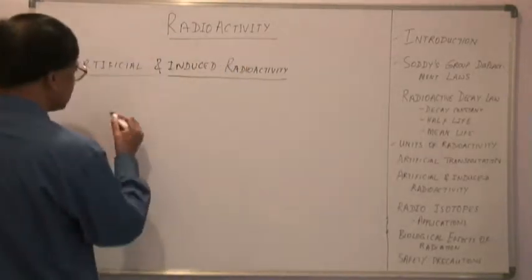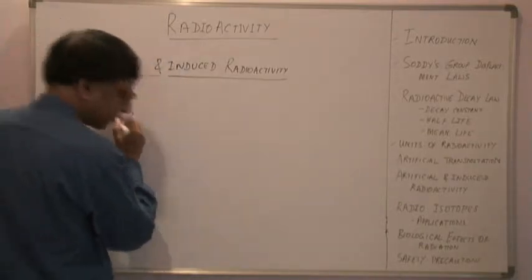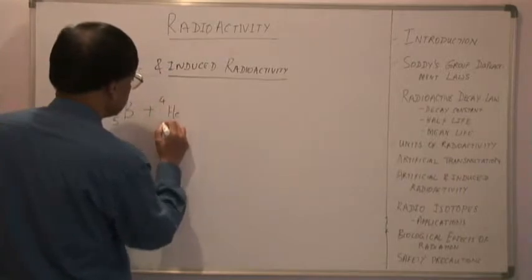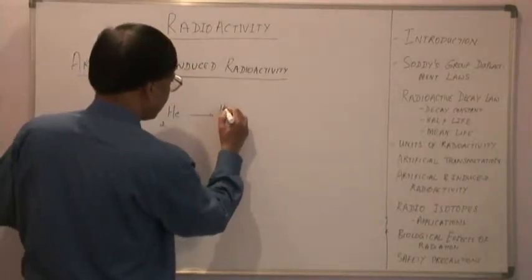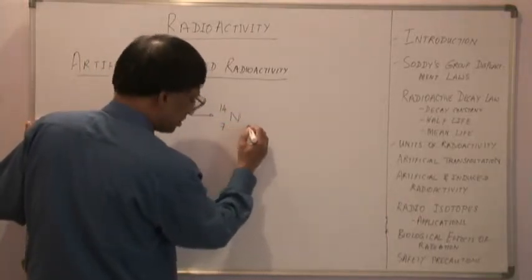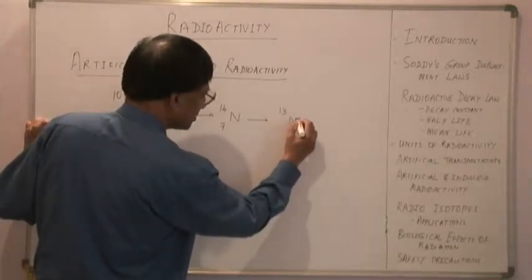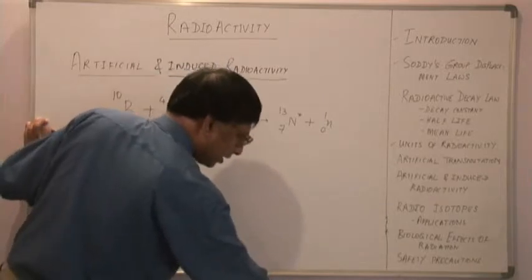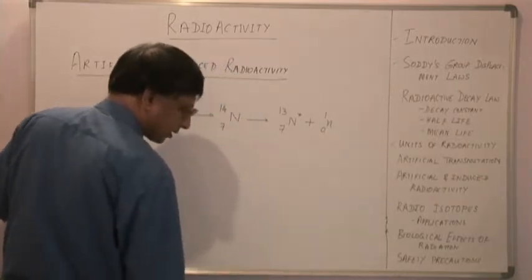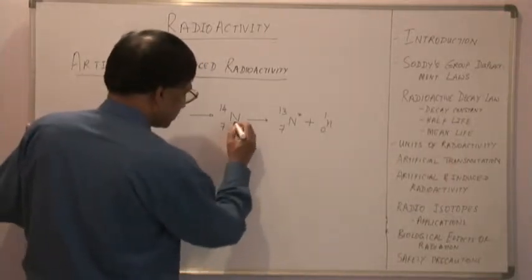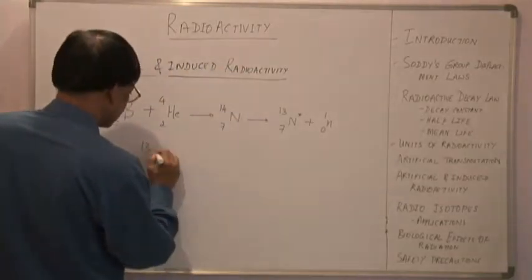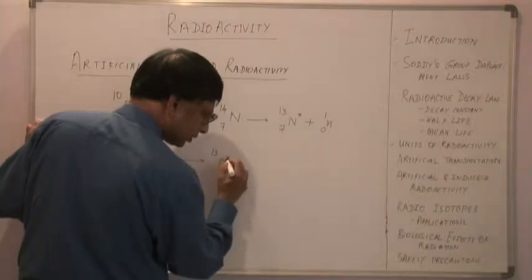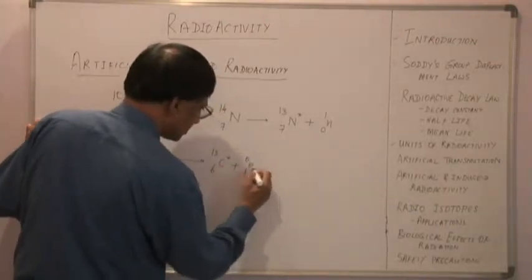It has been known that boron-10 (B10, atomic number 5), when bombarded with helium or an alpha particle, undergoes change, and then I have 13N7, which effectively becomes 13N star, an excited state, plus one neutron. Now this nitrogen continues to disintegrate, giving one positron.